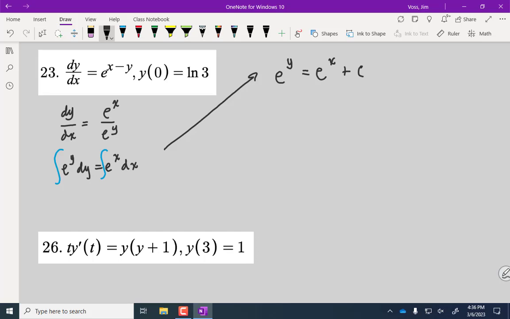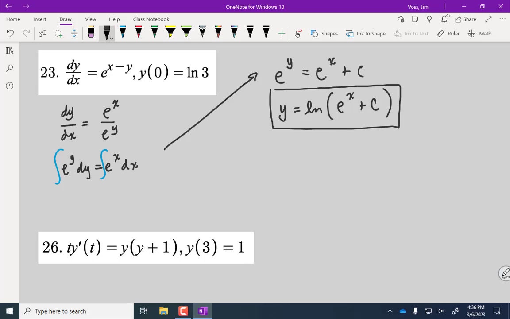Then we take the natural log of both sides, which isolates the y. Can you do any simplification on the right? None. So that is the general explicit solution.